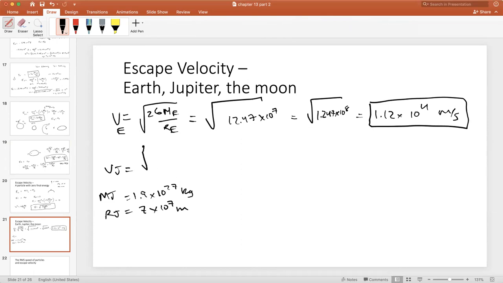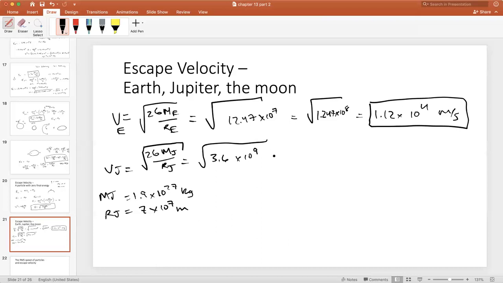So the escape velocity of Jupiter is the square root of 2G mass of Jupiter over r of Jupiter, which, if I do that from below, is 2 times 6.673 times 1.9 divided by 7. I get 3.6. G is negative 11, so 16 divided by 7 times 10 to the 9th.